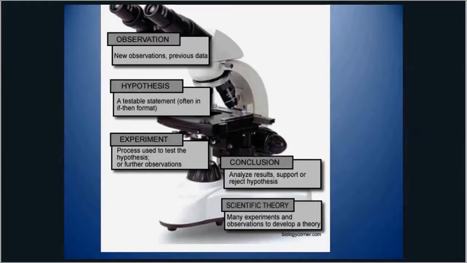A conclusion is your analysis of the results that either support or reject your hypothesis. And a scientific theory is many experiments and observations together that develop a well-formed explanation of a phenomenon.